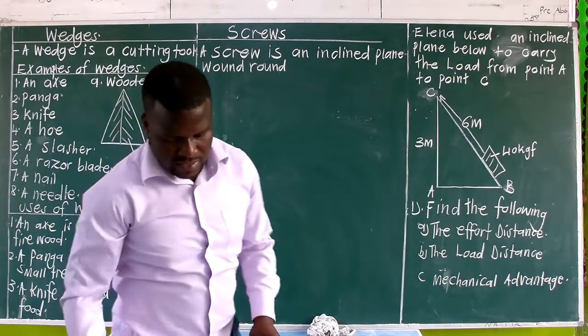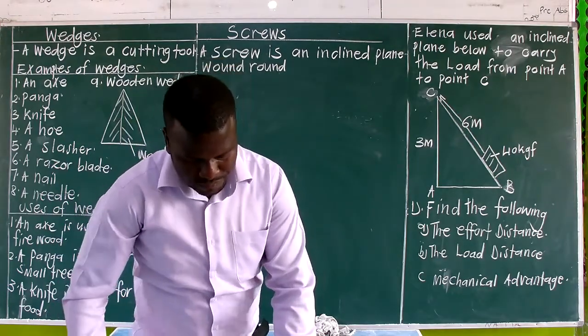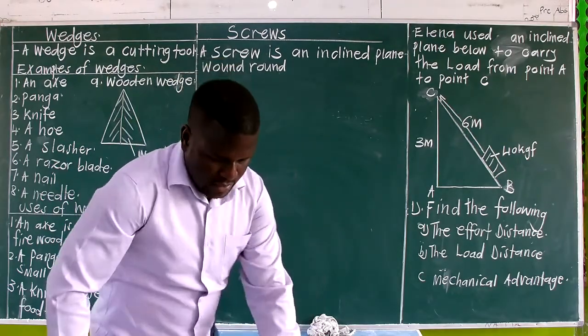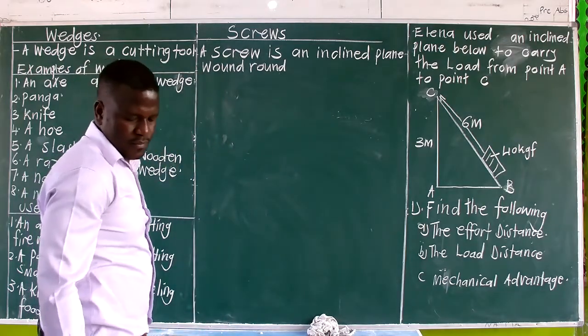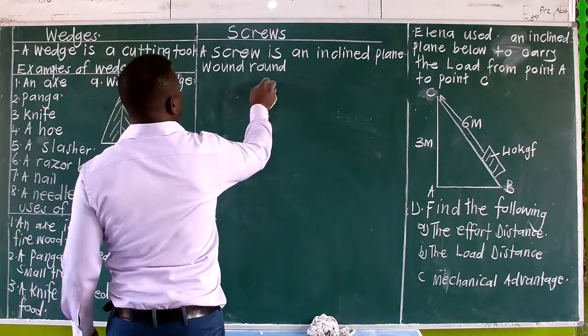A screw is an inclined plane wound round. And this is how a screw looks like.